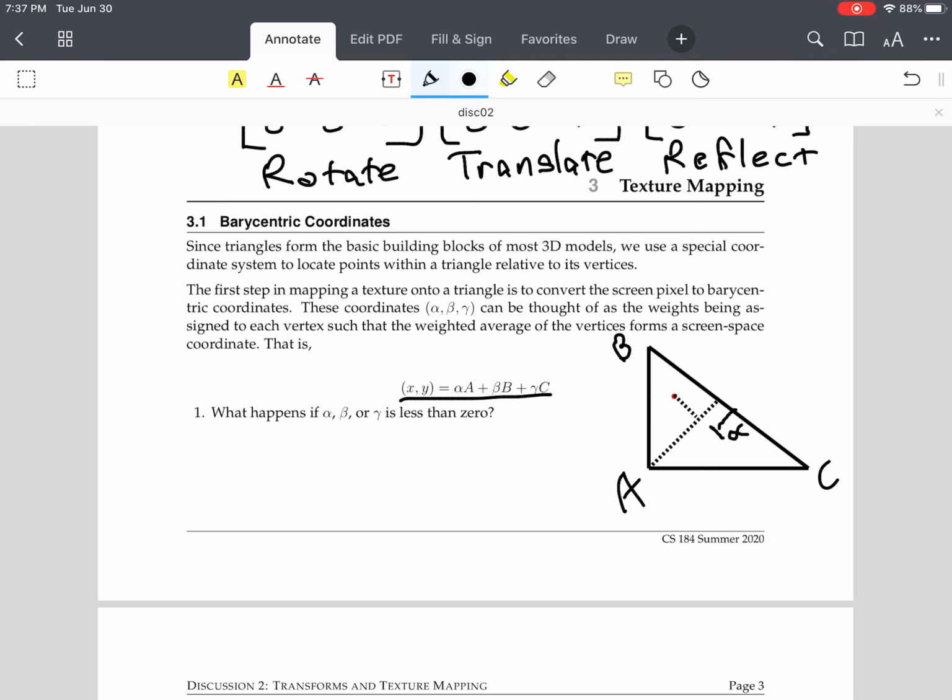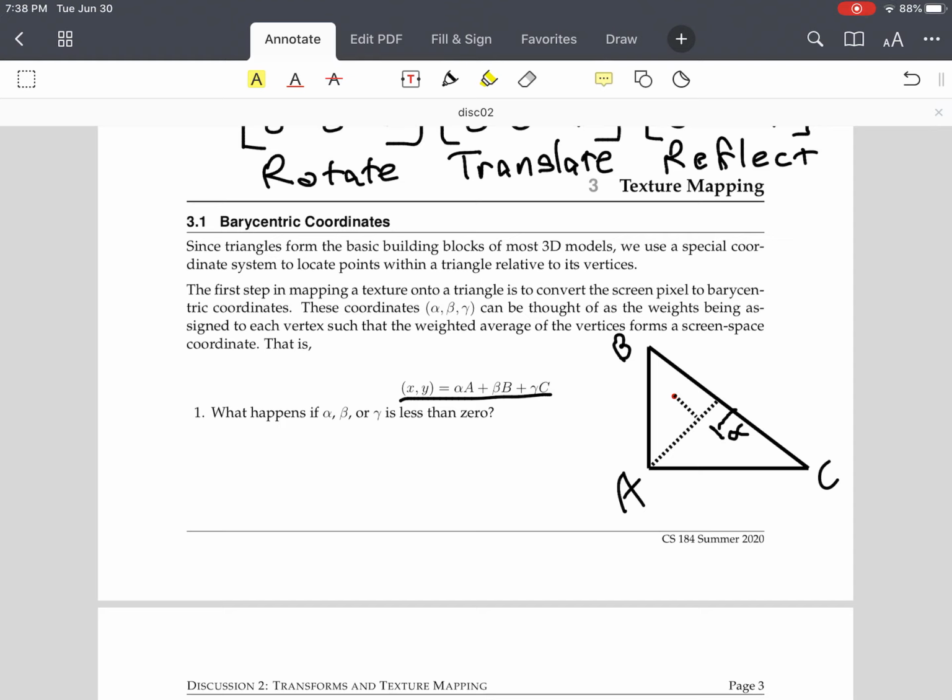And so if you look at this diagram I've drawn on the right here, it gives you a little bit more of an idea of how we actually get alpha, beta, and gamma. So the point we want to represent in barycentric coordinates is that red dot right there. And this longer dashed line is essentially the perpendicular. If we drop a perpendicular from A to the side across it, that's that line.